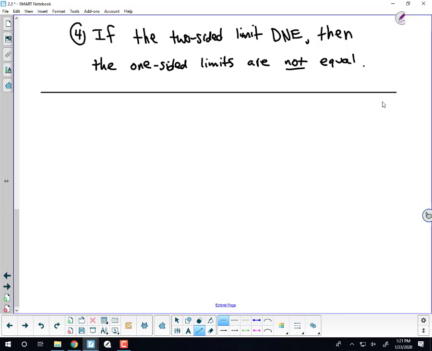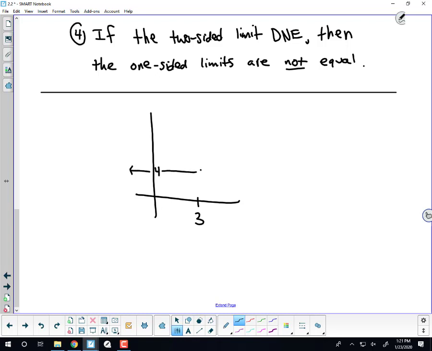So just to point out, if we modified that piecewise graph just a little bit, and that other piece that we had up here was now here, going off in that direction. Would the limit as x approaches 3, the two-sided limit, would that exist?